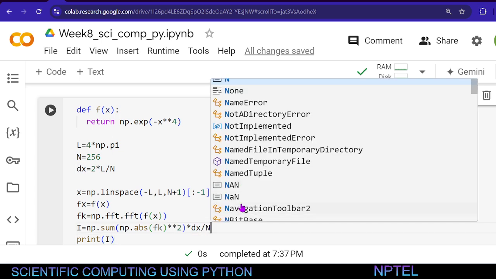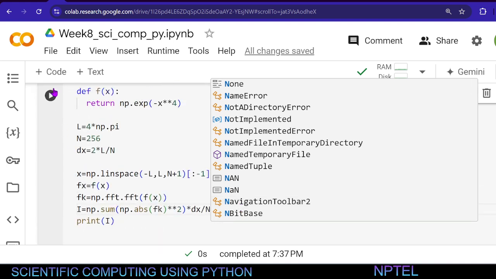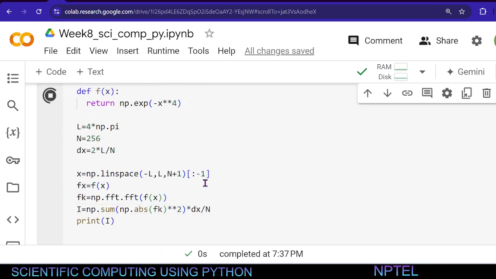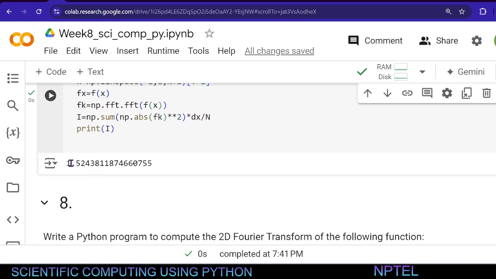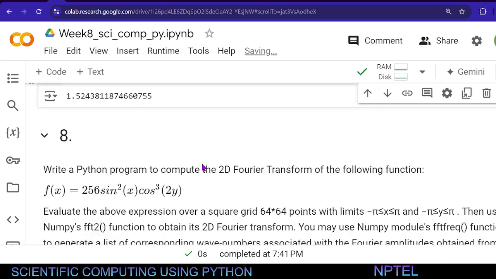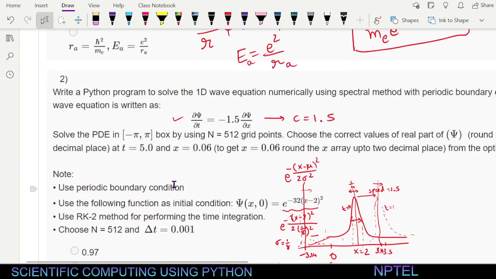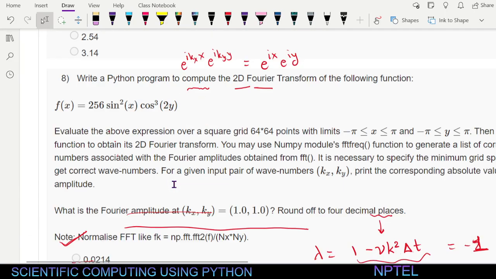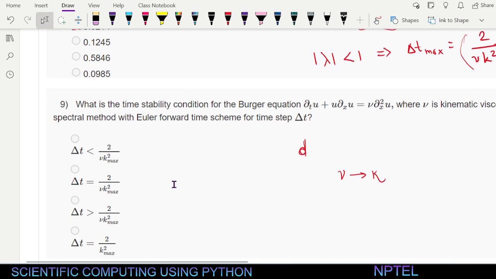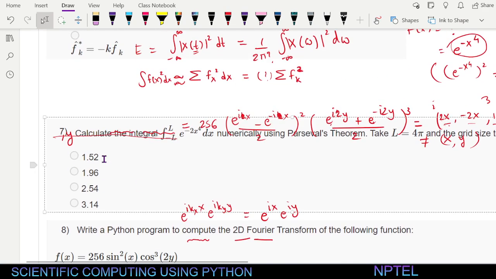That was in the theorem, and print I. Yeah, so this should do, and you get 1.52. Do we have to round up? Yeah, it's not asked. So 1.52, which is there in the problem, hopefully. Yeah, 1.52, the first one.